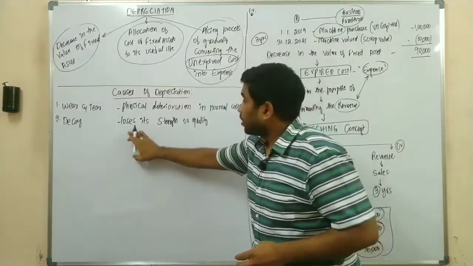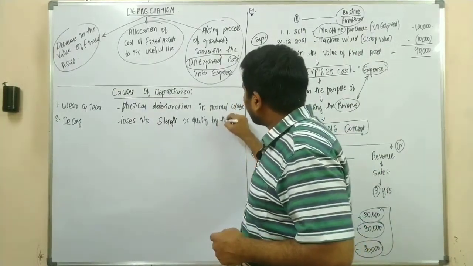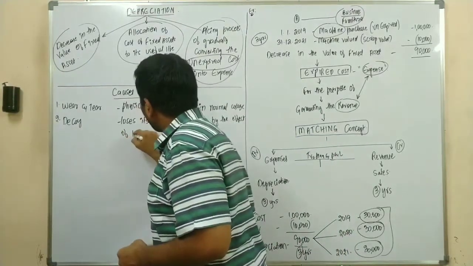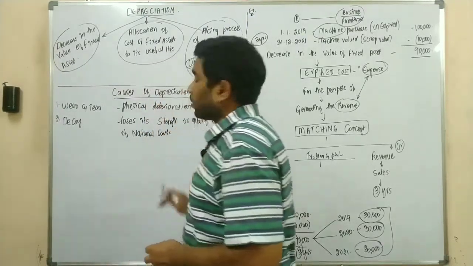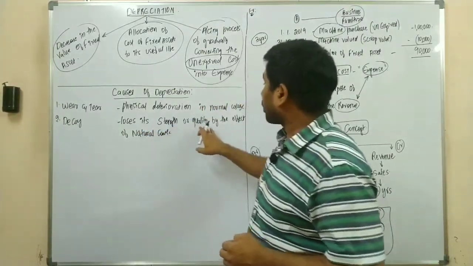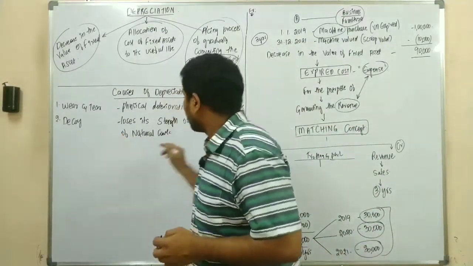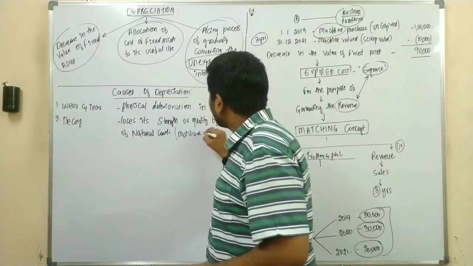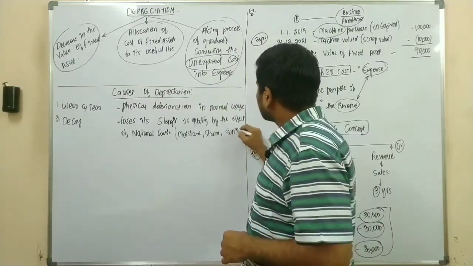When a fixed asset loses its strength or quality by the effect of natural causes, that is called decay. Your examples would be moisture, storm, or sunlight.